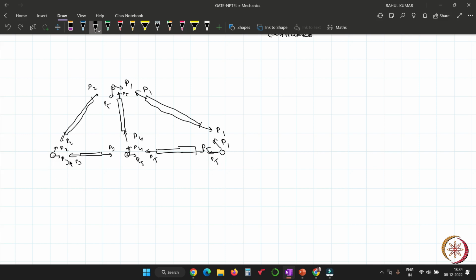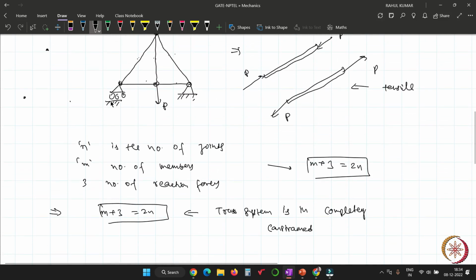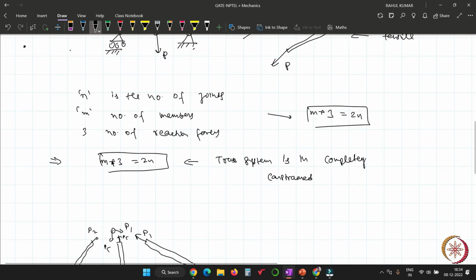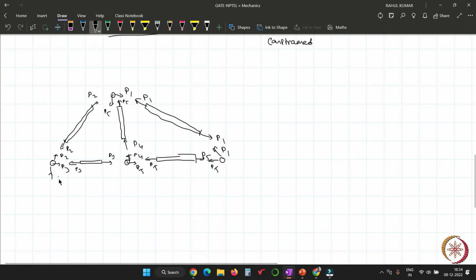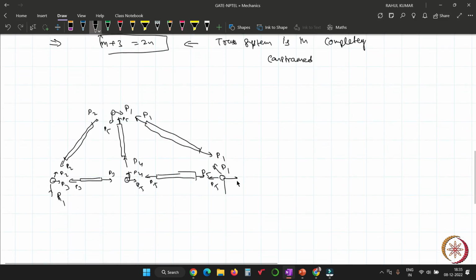Now in these two joints there are reaction forces also. Since it is a roller joint, there will be only one reaction force, R1. And here it is a pin joint, so there will be two reaction forces, R2 and R3. Now see the situation.